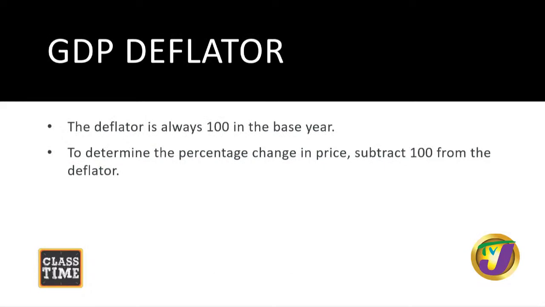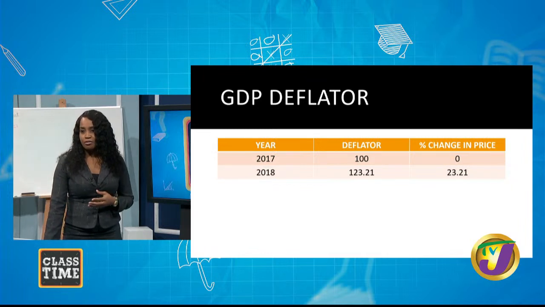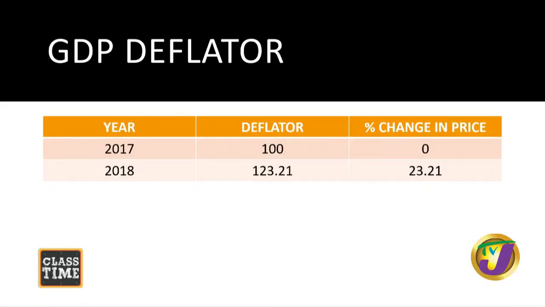For the other years, you'll notice different figures, and as such, when you subtract the 100 from the deflator, you'll get the percentage change in price. Now, this is what I was referring to. So in 2018, the percentage price change would have been 23.1%.